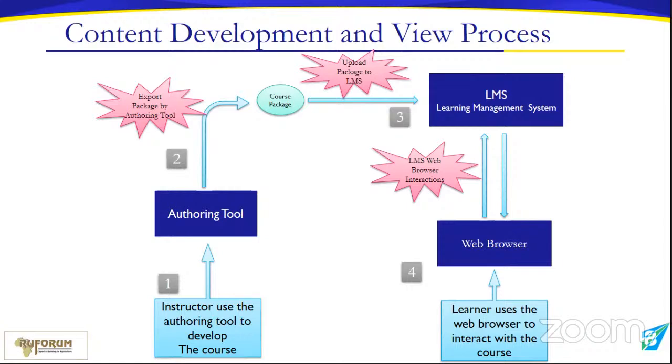The beauty about this content, as you see in this section here, is that it's interactive content between the system and the learner. The learner uses a web browser to access the content, and there are interactions between the two. So having had this, this takes us to number 4, where we have a complete process of our authoring content being available for our learners.